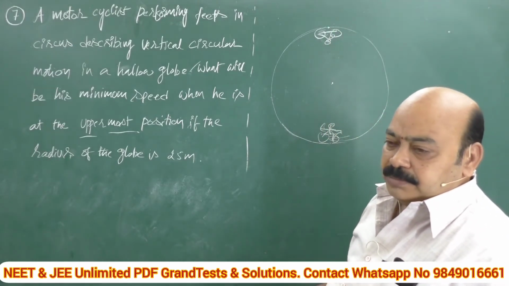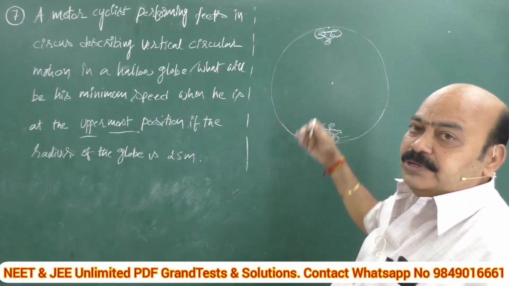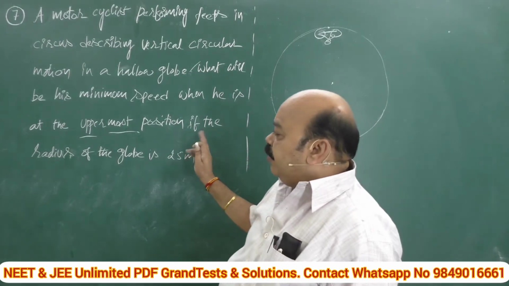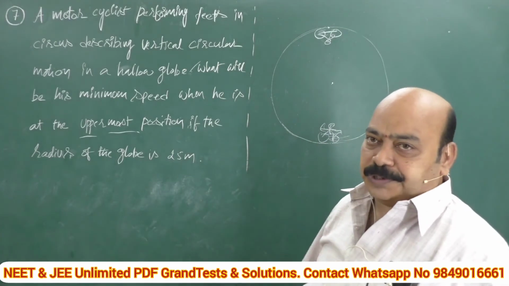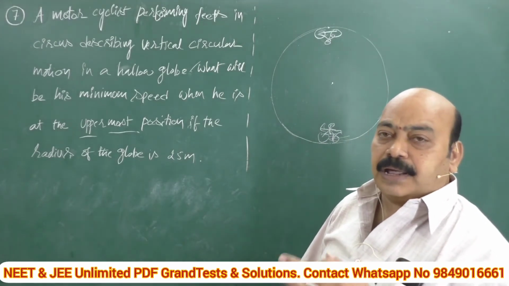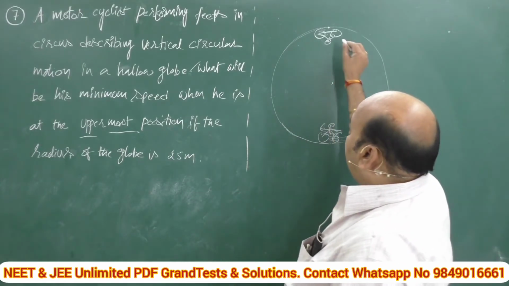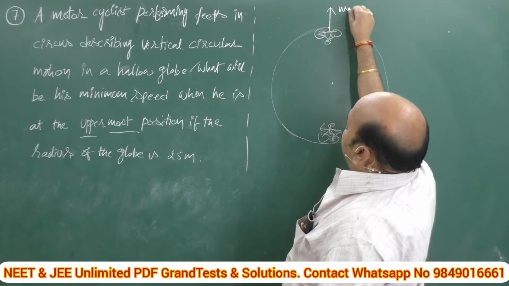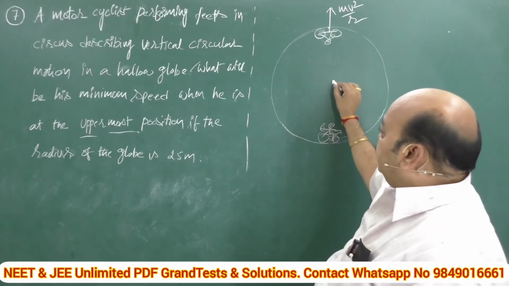Condition for balancing means, what minimum speed? If it is very huge, he will maintain and go on rotating. Here the question is, what will be the minimum speed when he is at the uppermost position? At this stage, normal reaction tends to 0. No need of considering this. So what are the outward forces? He pushes this away with mv square by r, where r is the radius of this globe.